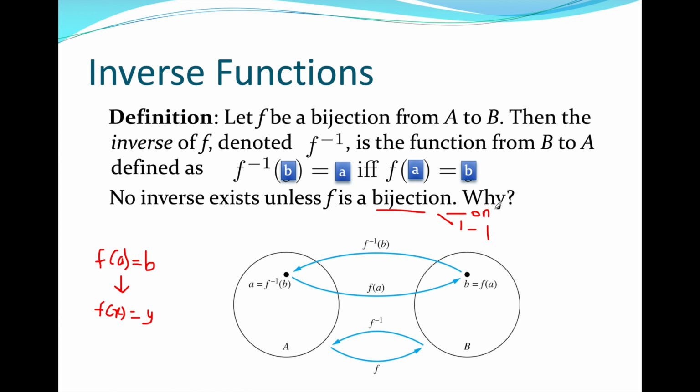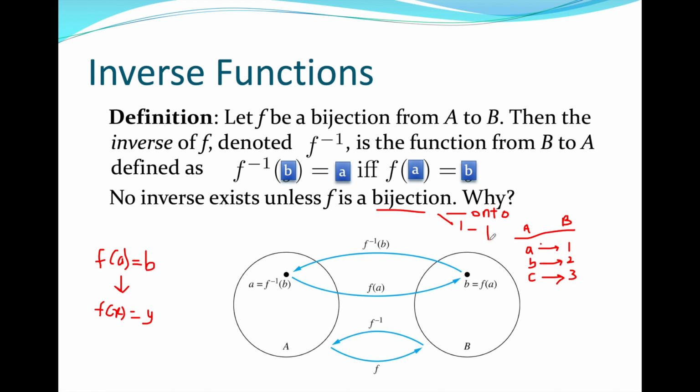Let's say we have a, b, c as the elements of set A, and then we have 1, 2, 3 as set B. We assume that this function from A to B is one-to-one and also onto. So this function is a bijection because it is onto and one-to-one.